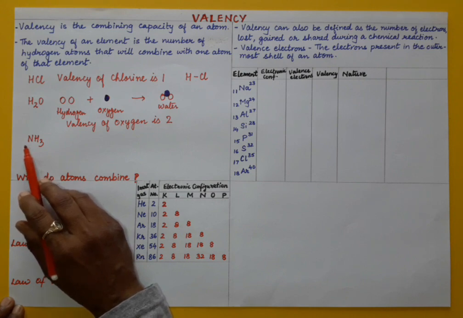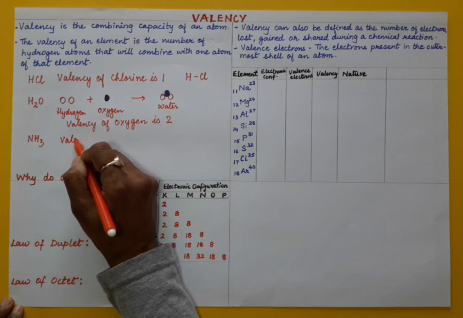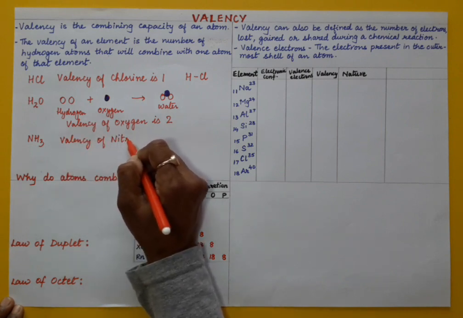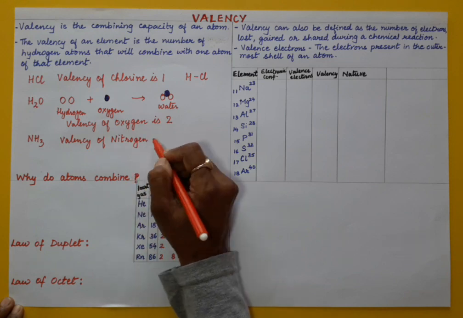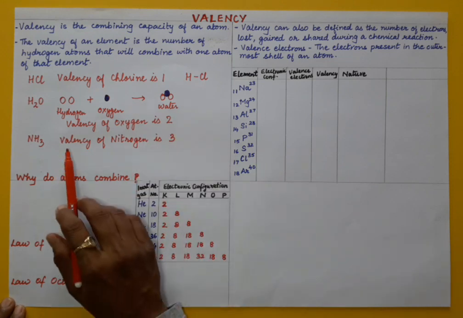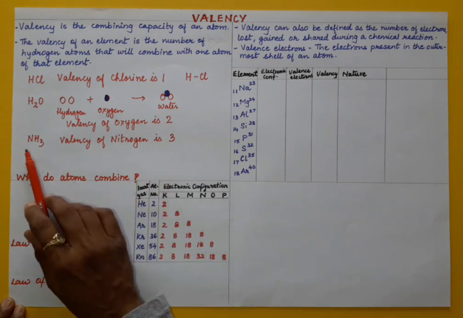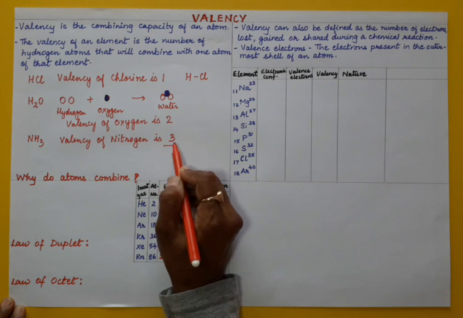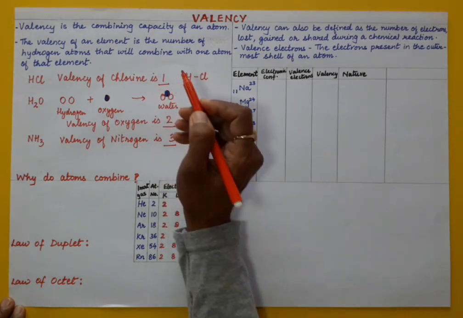So here we will say the valency of nitrogen is 3. Okay, so as many hydrogen atoms combining with another atom, that will be the valency of that element. So here nitrogen is 3, oxygen is 2, and chlorine is 1, right?